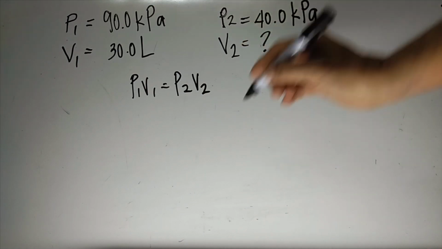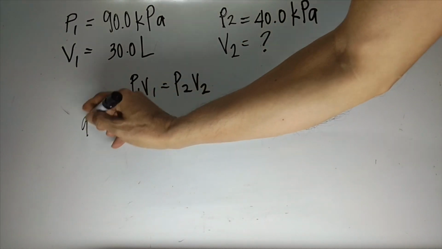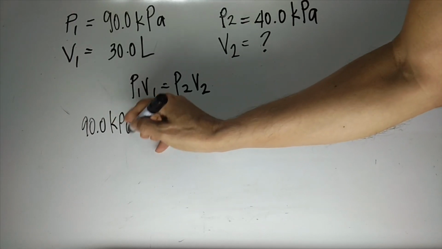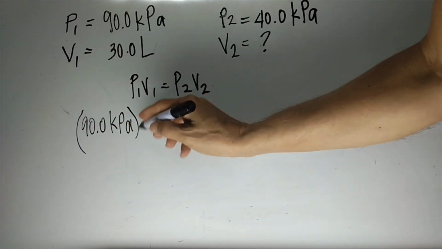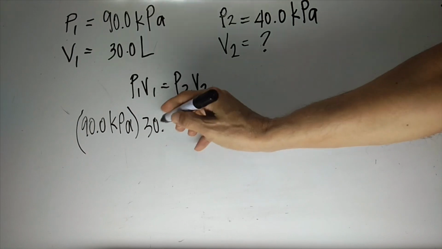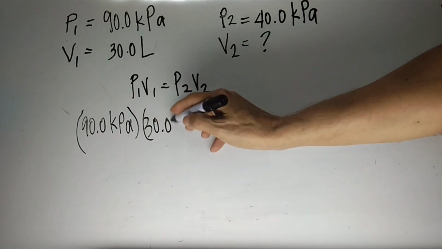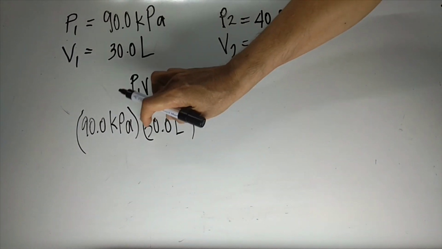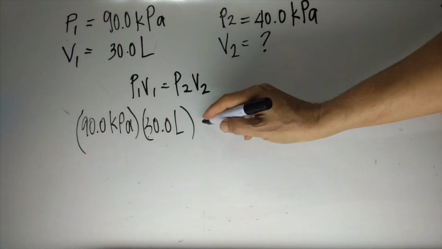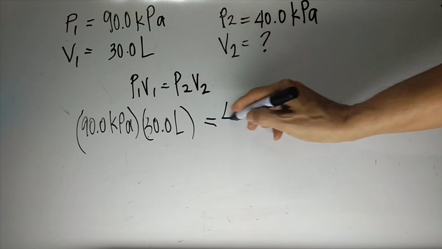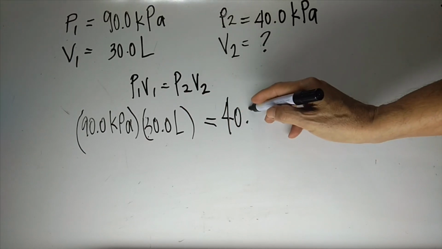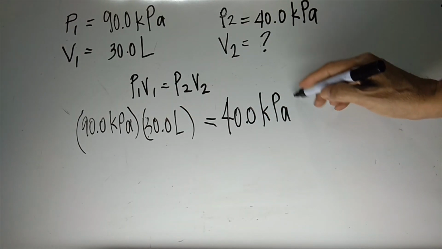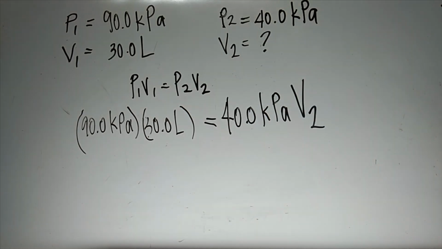So this becomes 90.0 kilopascals times 30.0 liters is equal to 40.0 kilopascals times V2.